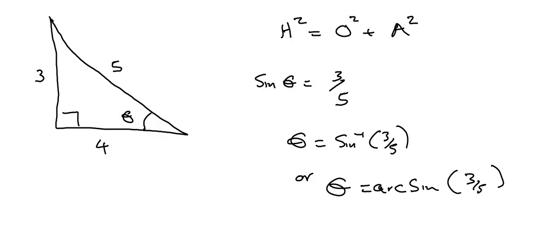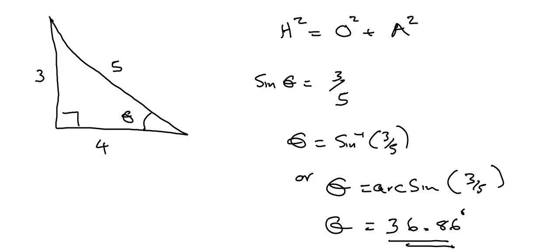You punch shift, then sine, then 3 over 5, equal to, and on the calculator it will give you 36.86 degrees.